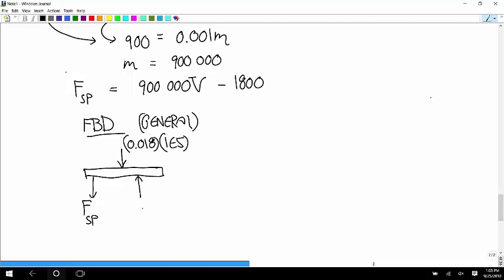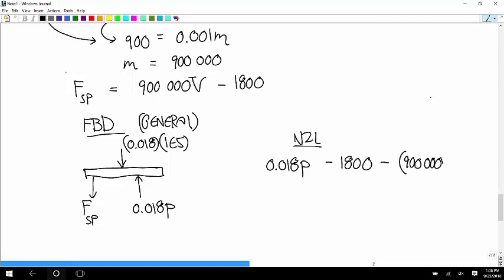And we have the upward force of 0.018 P. And so Newton's second law says 0.018 P minus 1800 minus this expression for the spring force, so that's 900,000 V minus 1800, and that's all equal to 0.